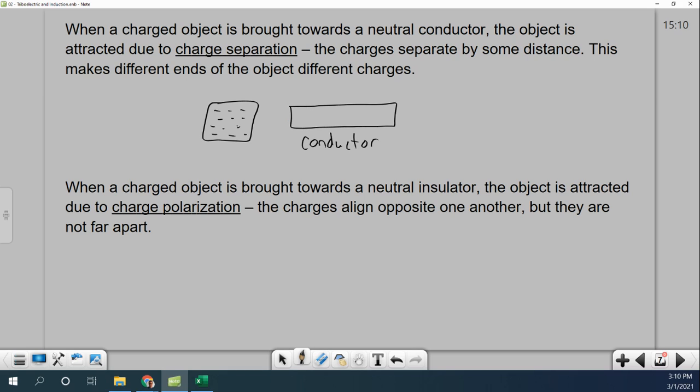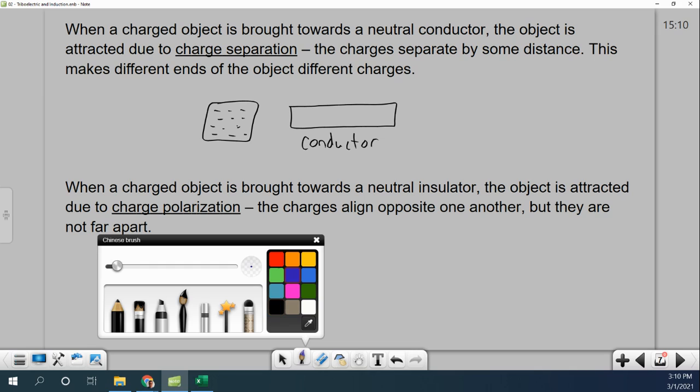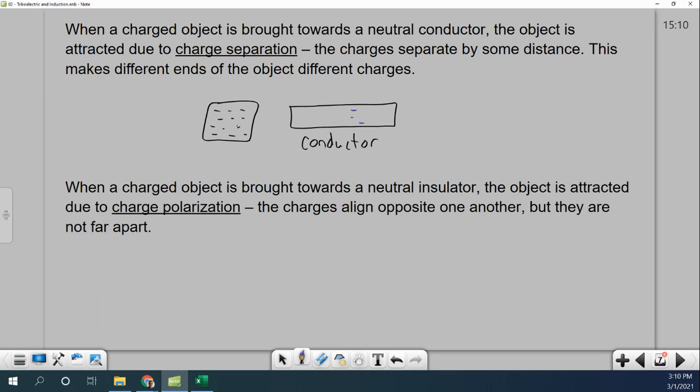And I bring this near a neutral conductor. If it is negatively charged, it's going to repel negative charges. So all the negative charges in my conductor are going to repel away to one end, whereas my positive charges stay fixed. And so what ends up happening is the charges in your conductor separate. All the negatives go to one side.